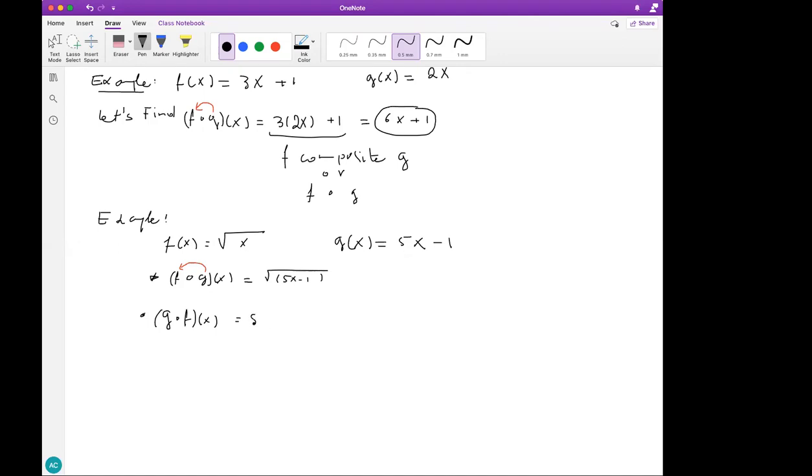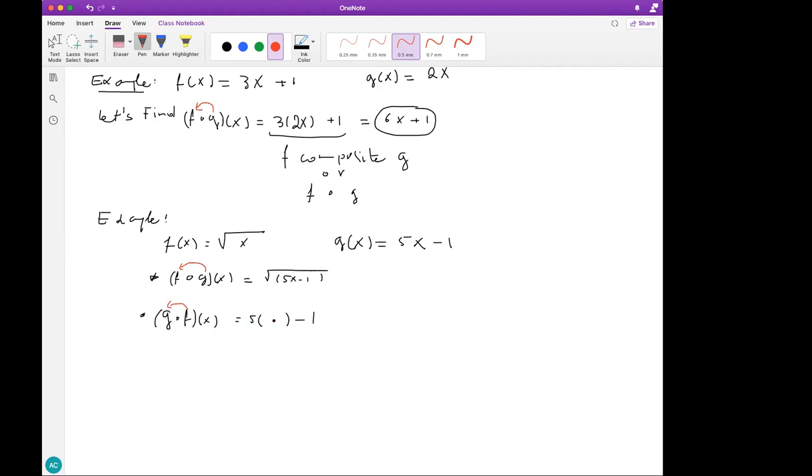Remember, write it without the x. Leave the x blank. So 5x, we're not going to write the x, just that, minus 1. We'll plug f into g, always the second one into the first one. We write the first one first, without the x.